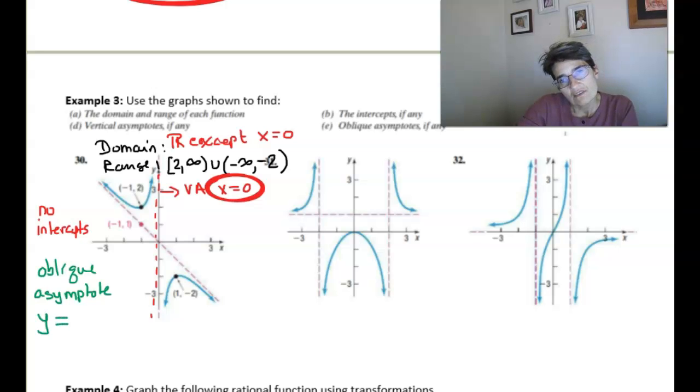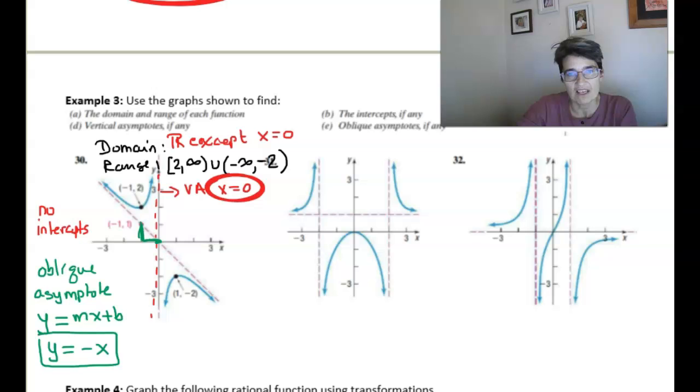So if we look at mx plus b, the equation of the line, the b is 0 because it's passing through the origin. And the slope is, we're going down 1 and 1 to the right, so the slope is -1. So y equals -x is the equation of the oblique asymptote.